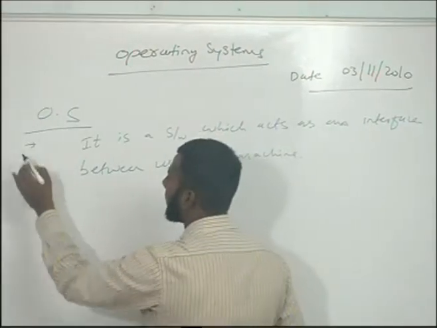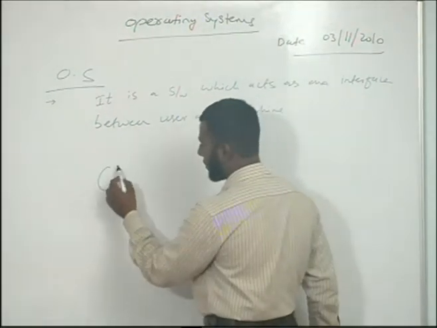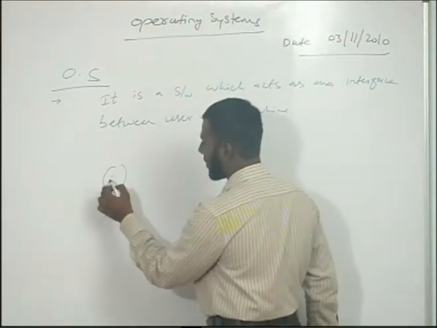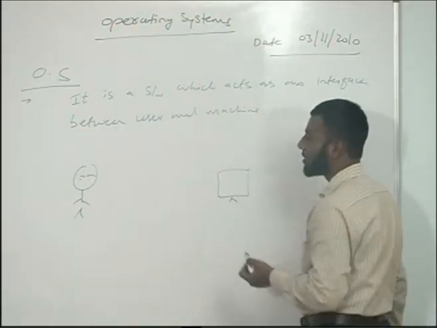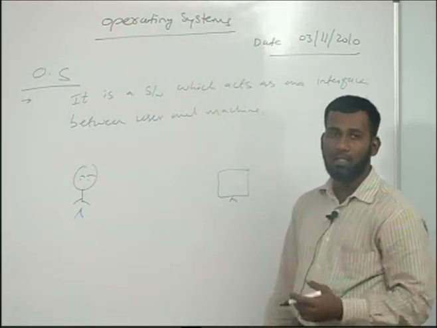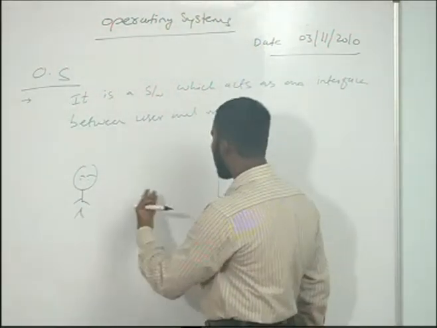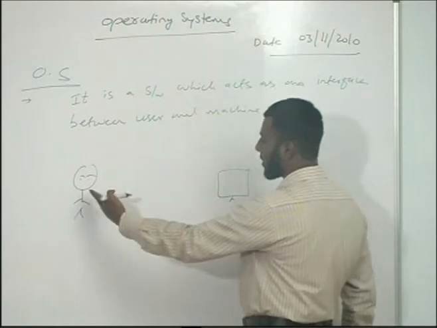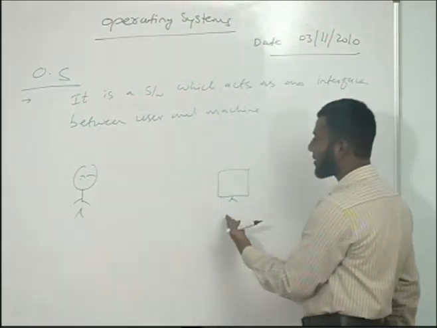Now, what do you mean by acting as an interface between user and machine? Suppose here you have a user who is really interested in talking to a machine, and we know that a machine understands signals, it understands binary language. So this user cannot communicate with it directly. Why? Because the user understands human understandable signals, and the machine understands machine signals.